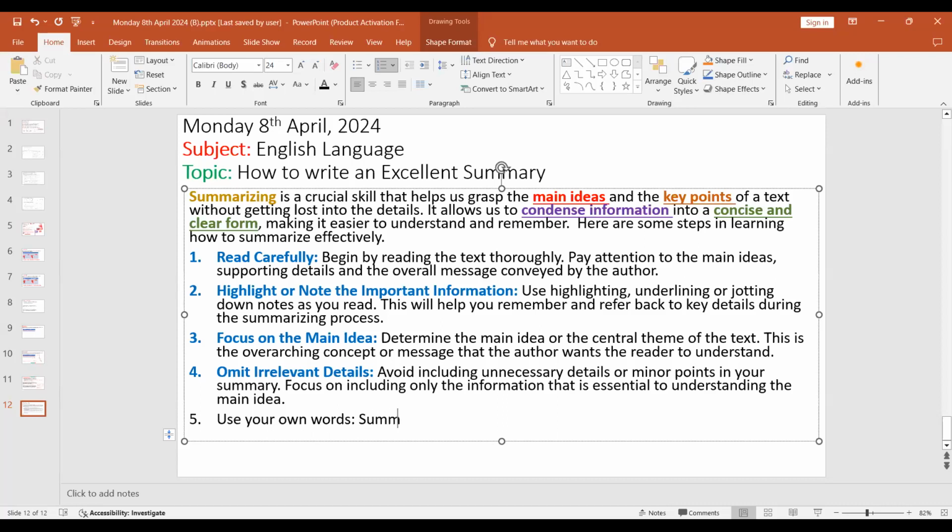So summarize the text. Sometimes summarize is spelled with an S. So summarize the text using your own words and writing style.